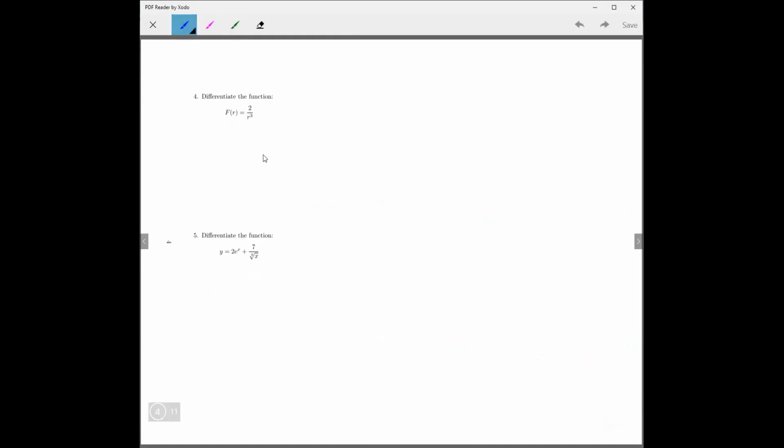Okay. So number 4. Here, the best thing to do is to rewrite it as r to the -3. So instead of 2 over r cubed, it's 2 times r to the -3. Okay, and then the derivative, you just follow the polynomial rule.